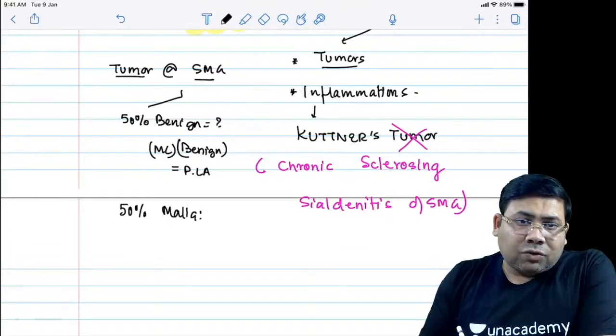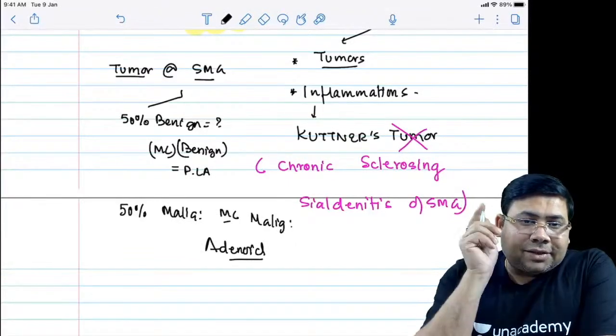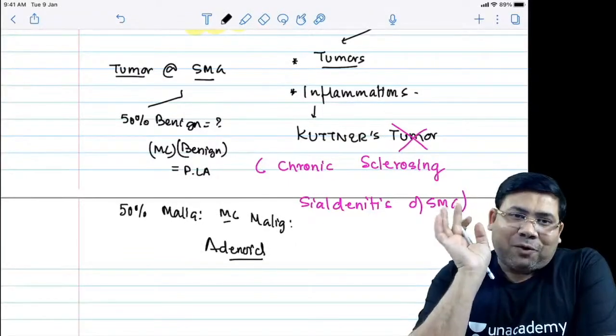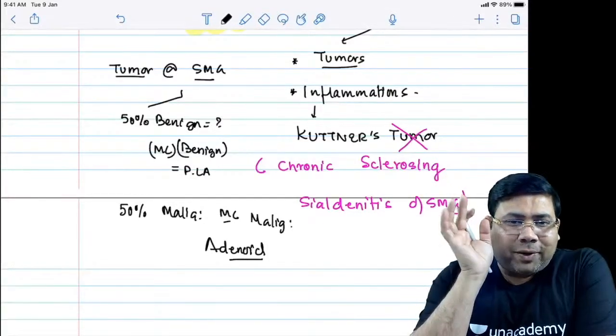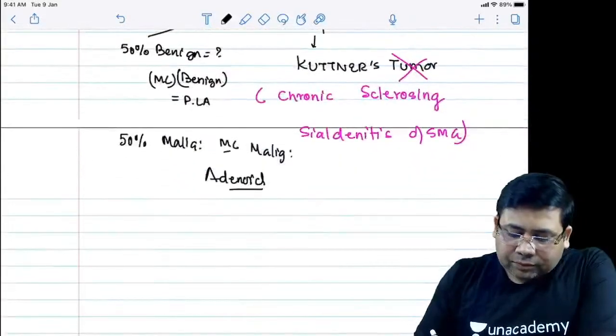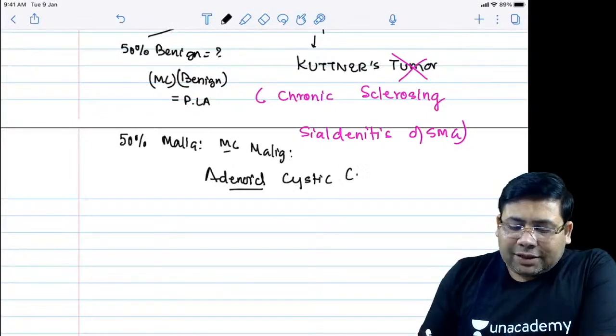But what is the most common malignancy? Can anyone tell me? The answer is adenoid cystic. Warthin's tumor is exclusive to the parotid. So you're getting this, Warthin's is exclusive to the parotid. So adenoid cystic tumor or adenoid cystic cancer.